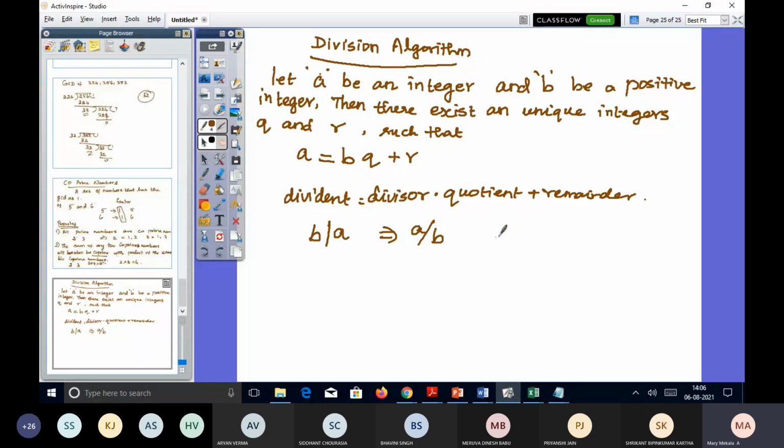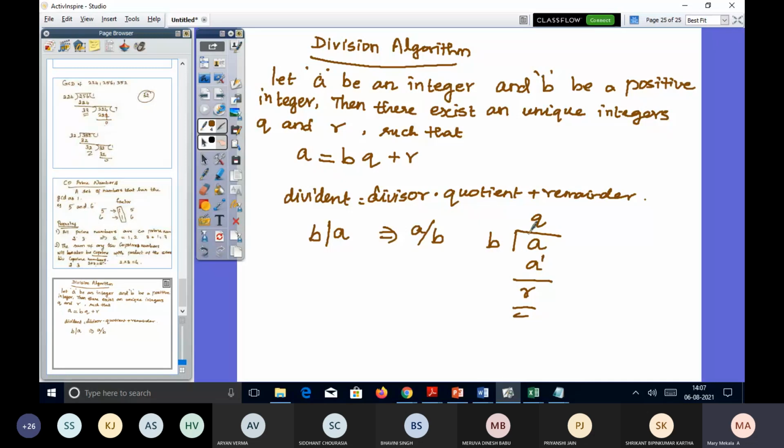Let us do the division. b is acting as the divisor, so the divisor should be here and the dividend is here. Let me give a quotient for this. If I get a quotient, I'll get a remainder, isn't it? How do you calculate this? a is equal to b into q plus r, you will get the dividend.